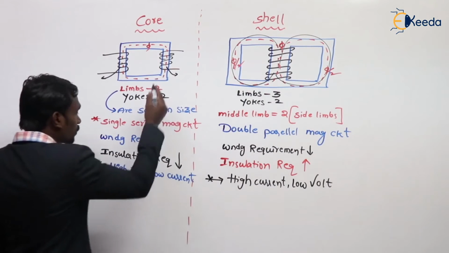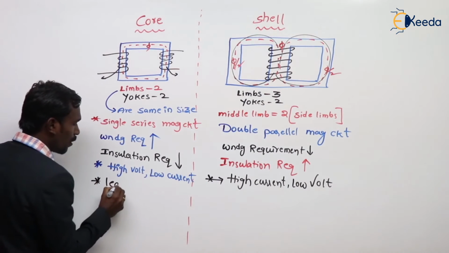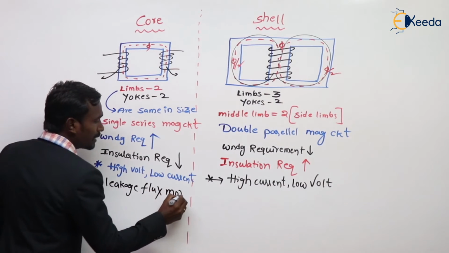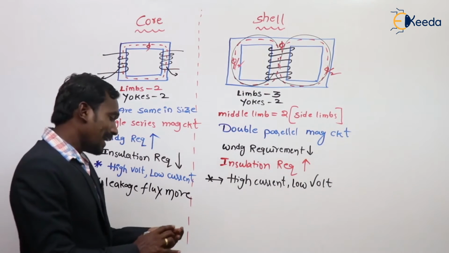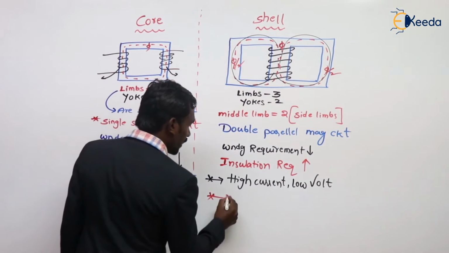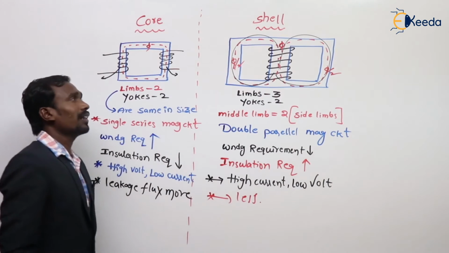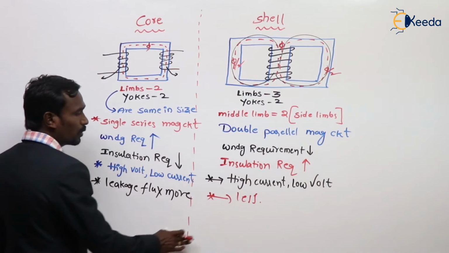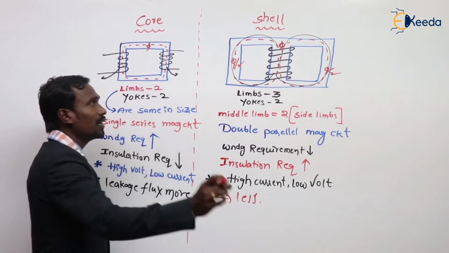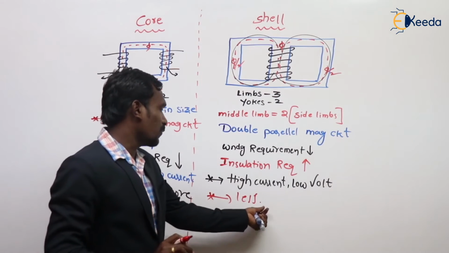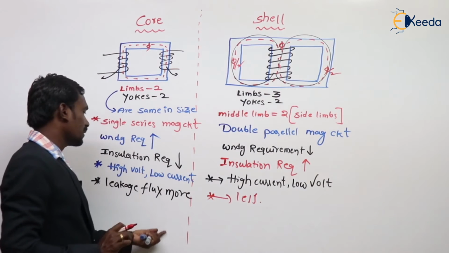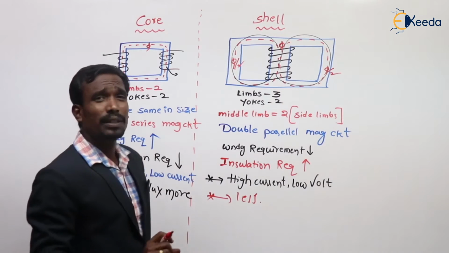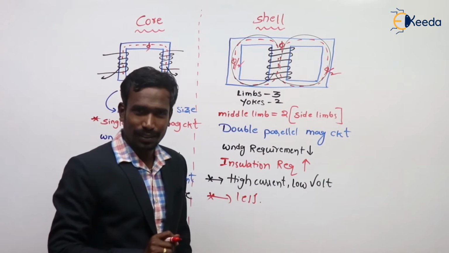Yes, in core type transformer, leakage flux is more, whereas in shell type transformer, leakage flux is comparatively less. This is simply the difference between core type and shell type transformer, right?